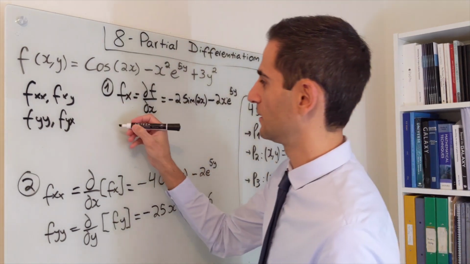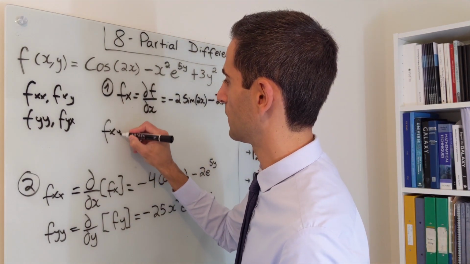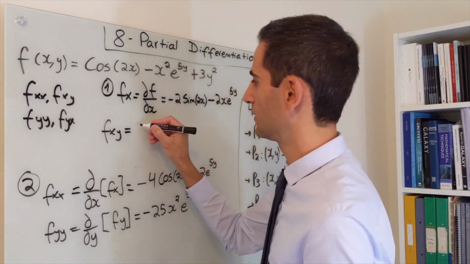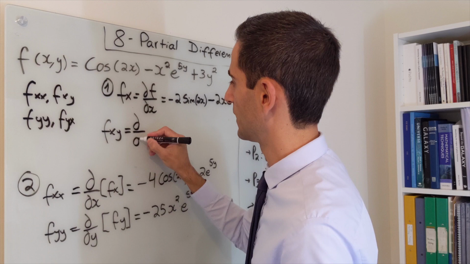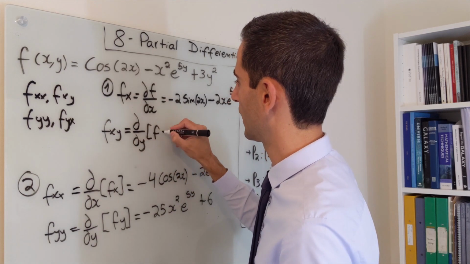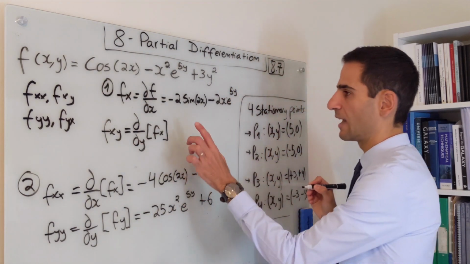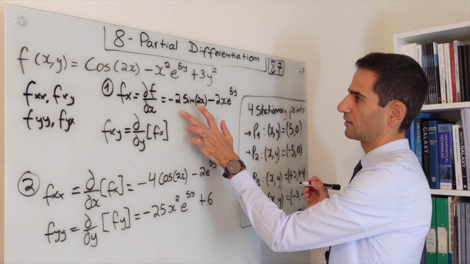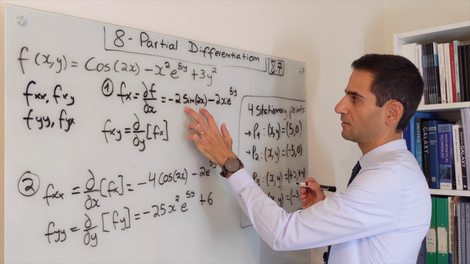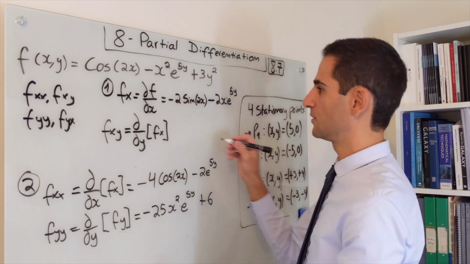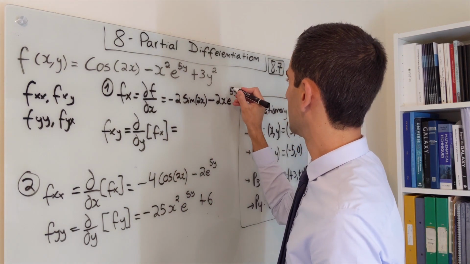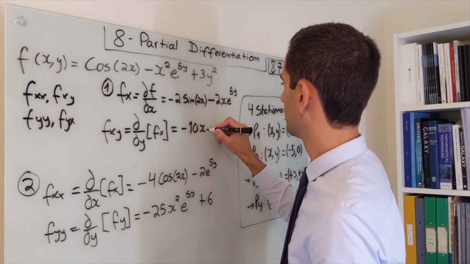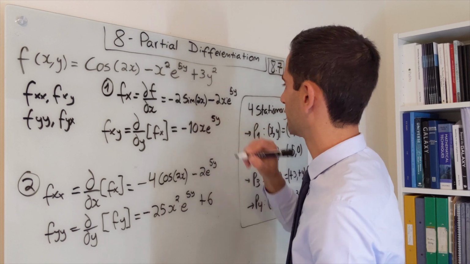And let's calculate f_xy. If you remember the notation, this is the same as applying d/dy to f_x. And if we do this, the terms now that only depend on x don't count, so there's a 0 here, and here we just use chain rule, and we will get minus 10x e to the power of 5y.